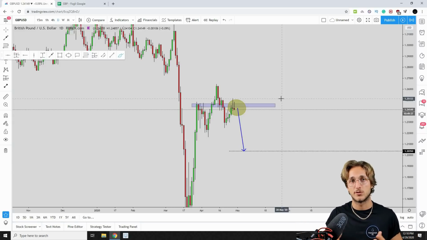Because if you win 3 trades out of 10 with a 1 to 3 risk to reward, 3 times 3 equals 9, minus 7 is 2. So you have a 2R return over 10 trades if you're right only 3 times out of 10. And that is the power of having solid risk management, solid risk to reward, and understanding probabilities, and understanding the trading game as a whole, because it's all about this.